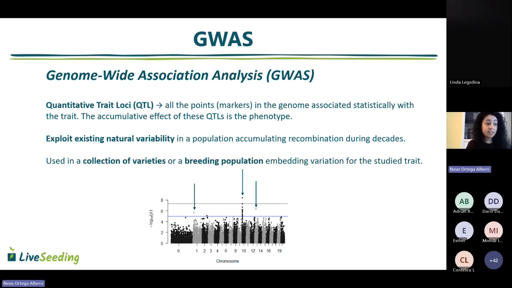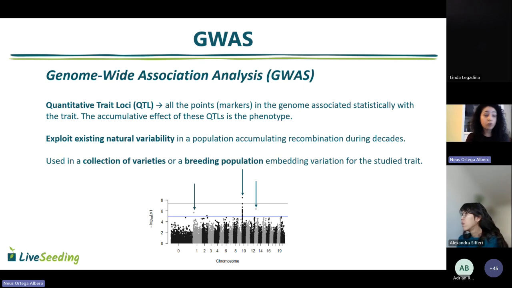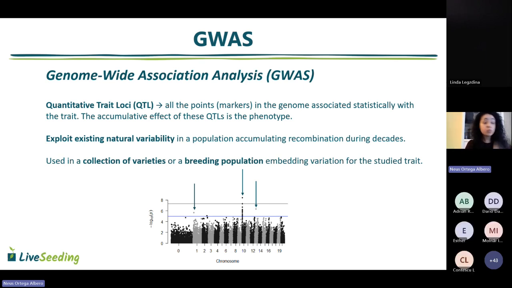So in this case, we normally do not talk about genes, but about quantitative trait loci, or QTLs. These QTLs would be each one of the genes or the regions in the genome that are acting for the occurrence of one phenotype. That means the accumulative effect of all these QTLs is the phenotype that we can observe.